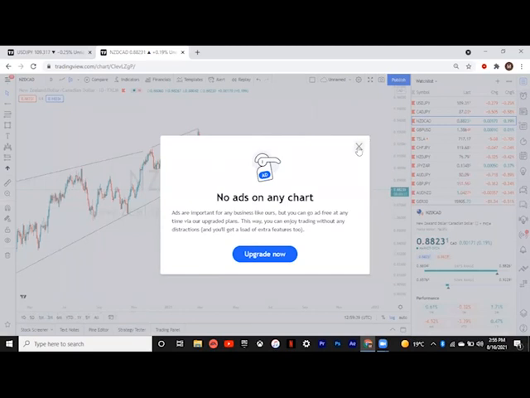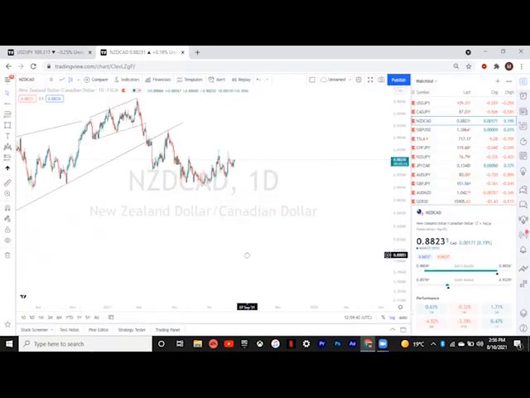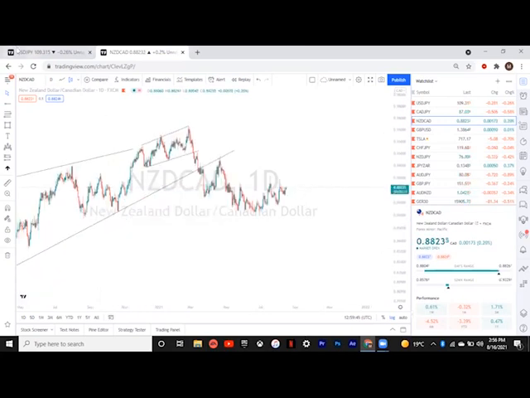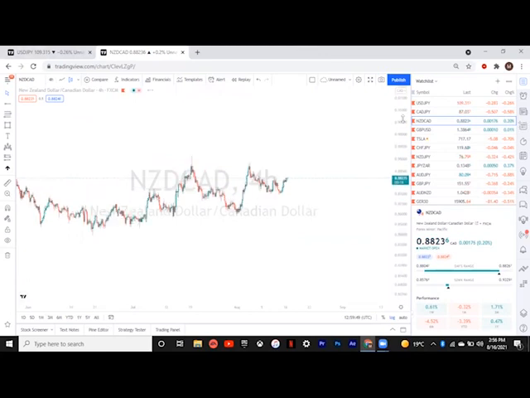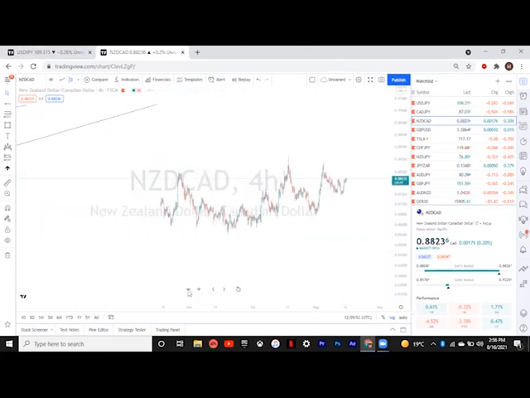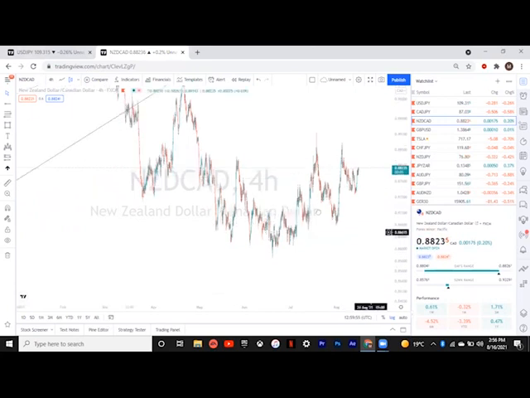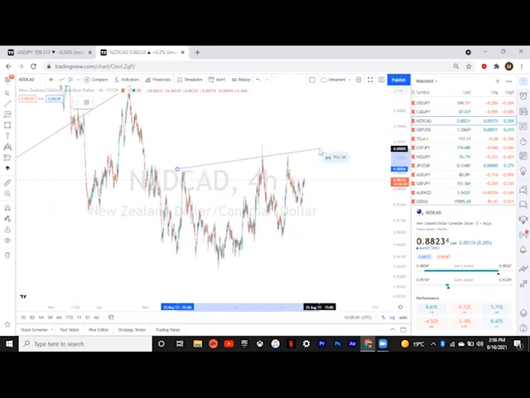As you can see, the price is just moving sideways, which means this is a correction phase, and eventually we're gonna have a breakout. So I'm gonna scale it down to the 4-hour time frame, zoom out, and just try to spot the structure, and we have something like this, right?